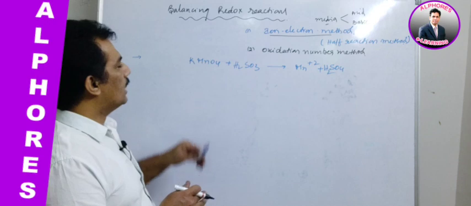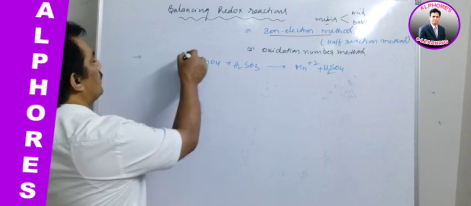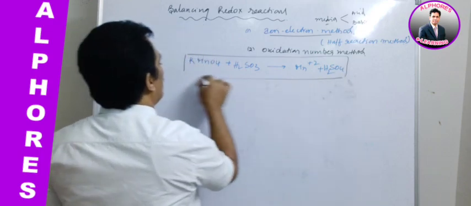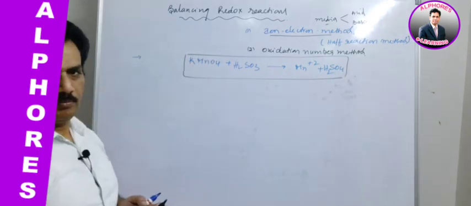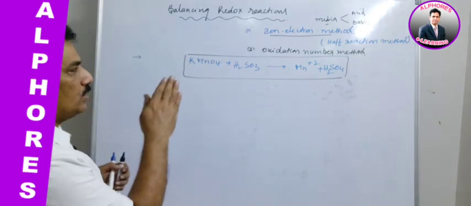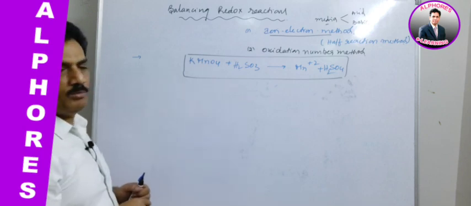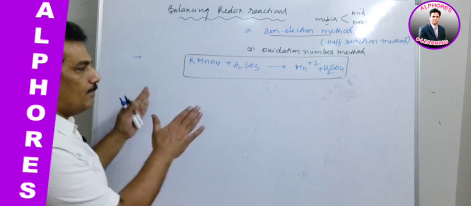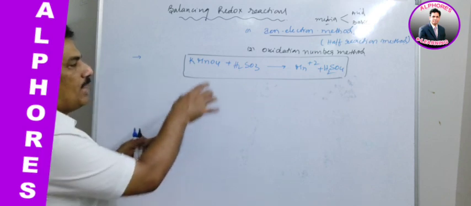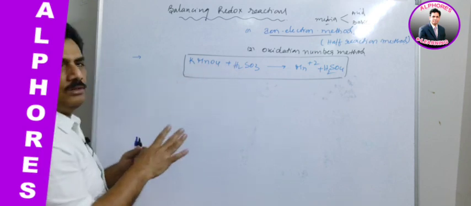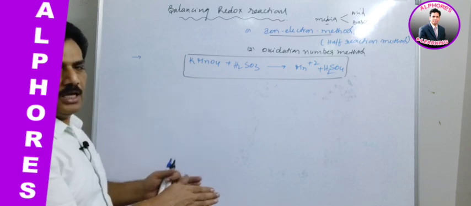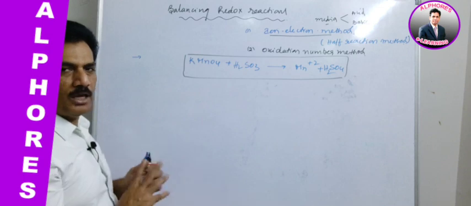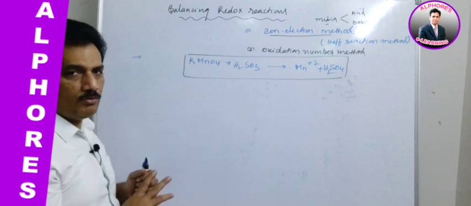Clear? Now this is the equation they are providing to balance by the ion electron method. Let me give all the rules related to the ion electron method in balancing a given reaction. By giving the rules and applying them to this equation, I will explain, and thereby you can easily catch what the rule is and how to apply it. Are you following?